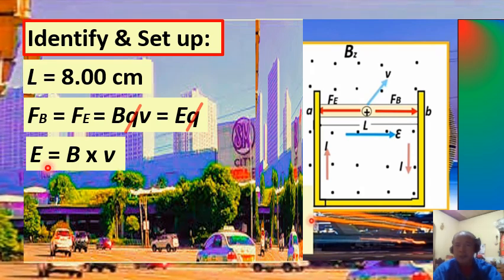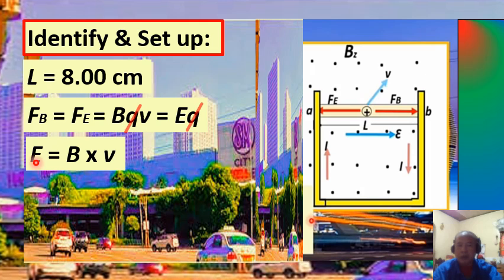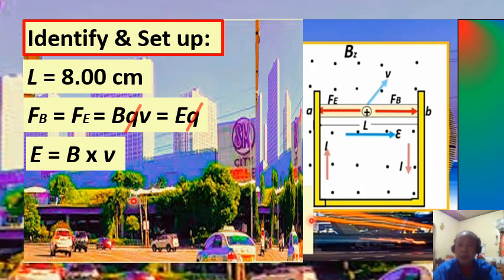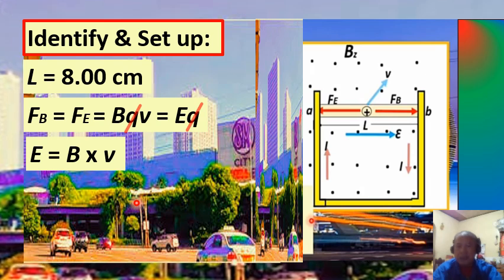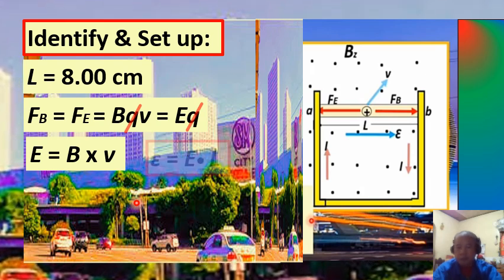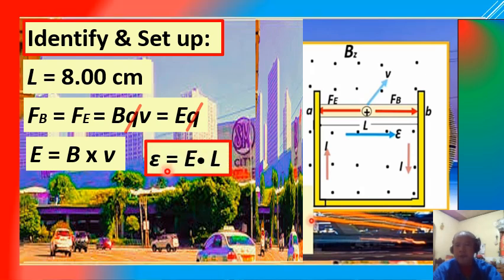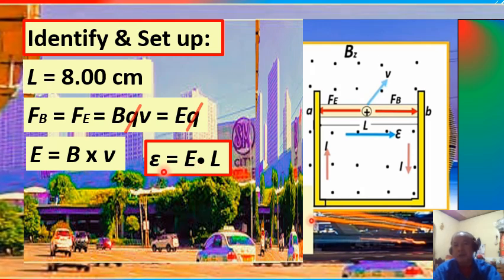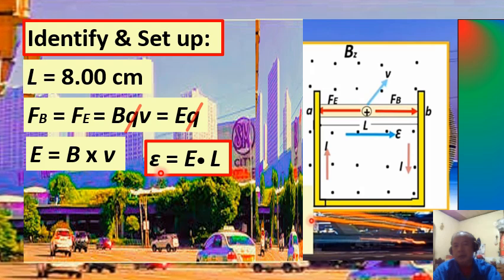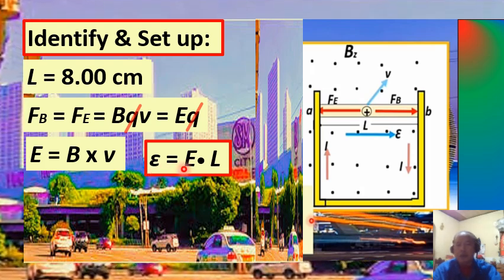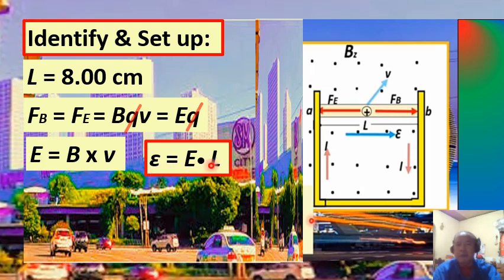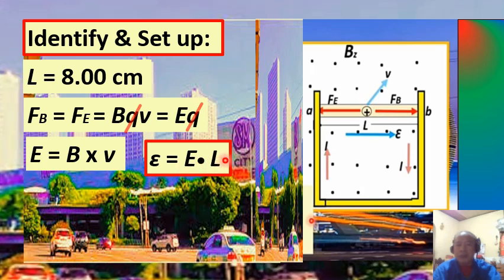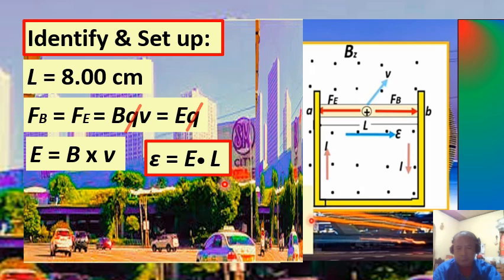And when this electric field, capital E, is multiplied by the length of the rod, then we are defining what we call a motional electromotive force, denoted by the Greek letter epsilon. So epsilon is just the dot product of the electric field, capital E, and the length of the rod.